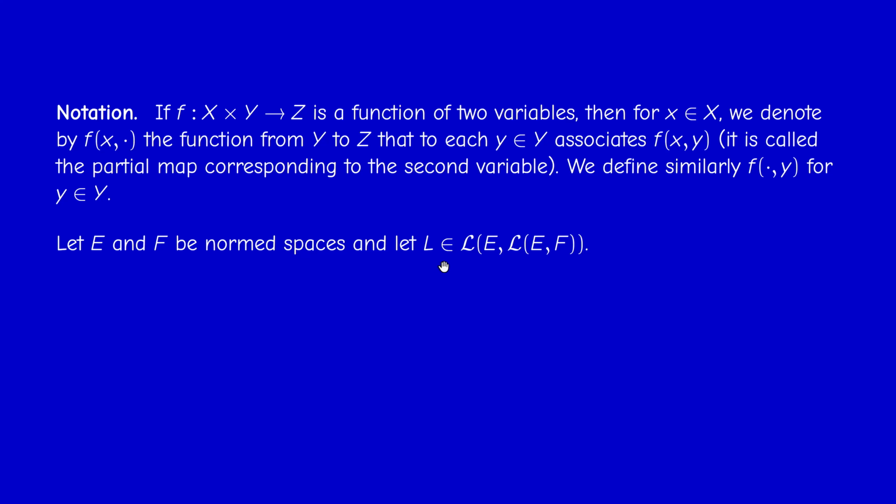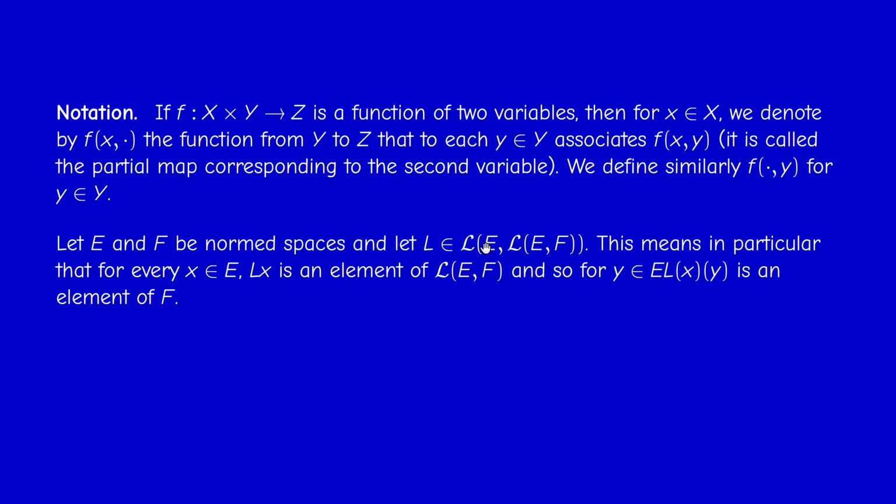So actually, if I fix x in E, L of x will take value in L of E and F. So L of x is a function actually from E to F. So I can apply it to an element y in E. So for every y in E, L of x evaluated at y is an element of F. This is very important actually, because when we shall define derivatives, we will encounter such maps that take values in a space of maps.